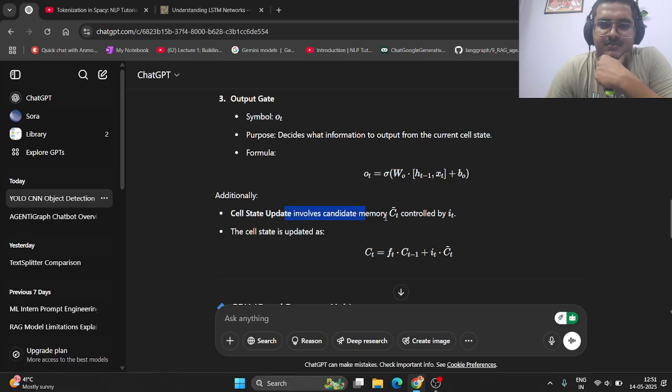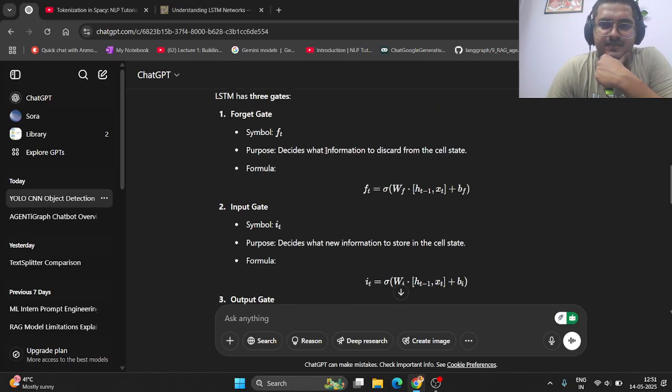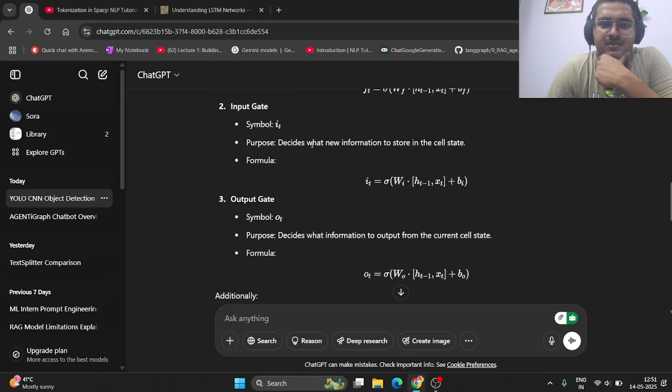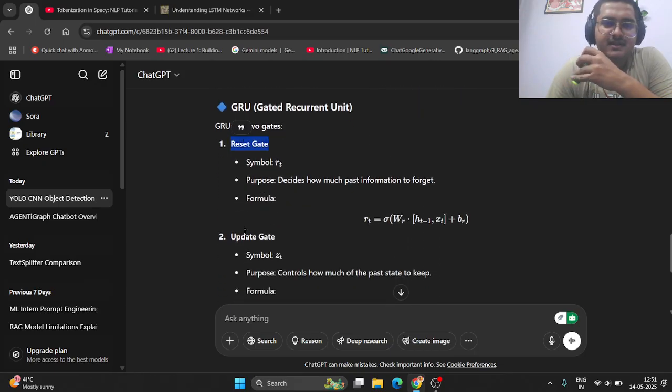In GRU it contains reset and update. Reset decides what to forget and how much to keep. Reset and update.